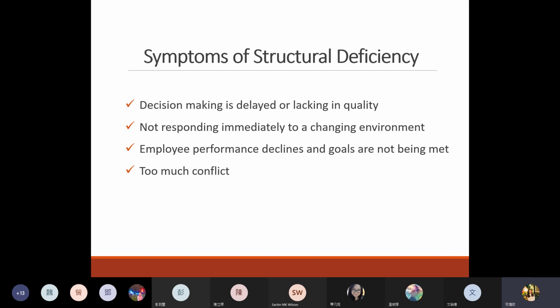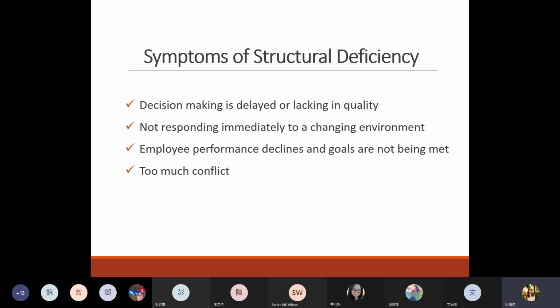So now these are just a few symptoms that show when an organization structure is not working well. Firstly, if the decision making is delayed or lacking in quality. It's saying that people who should make the decision are not receiving enough information or are receiving bad quality information, which leads to bad quality decisions.